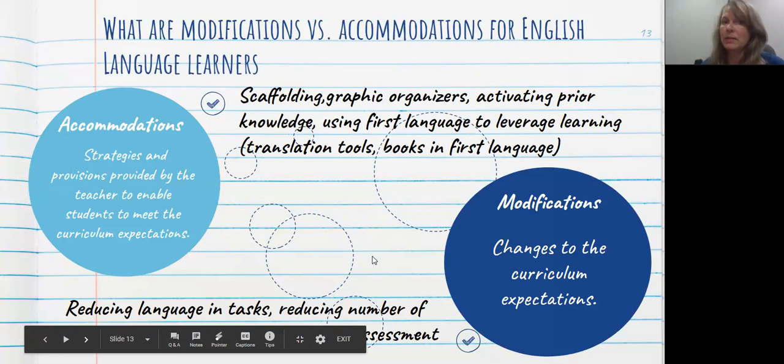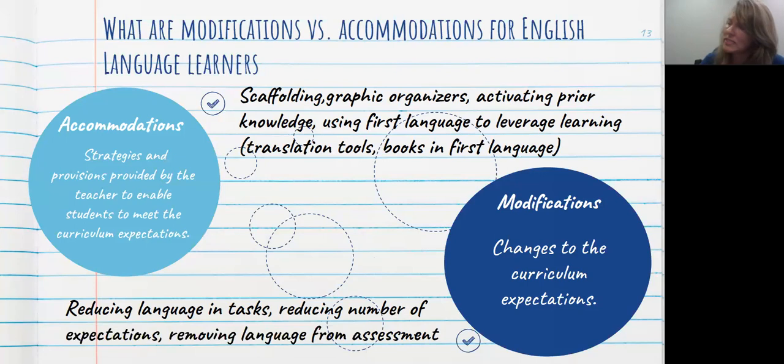So we have some examples about modifications and accommodations. The big thing that we run into with this is that many of us think about modifications in terms of IEPs and modified IEPs. Our modifications look a little bit different because what we're doing is, instead of reducing the difficulty, we're reducing the language. So you're taking a lot of the language out of the activities that they're doing so that they're able to participate.